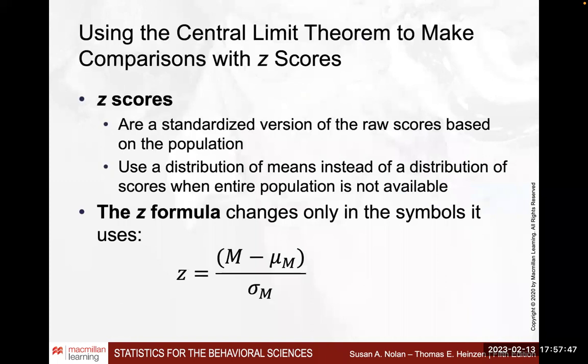And this will be the formula that we're dealing with. Essentially, we want to compare our sample mean to a population mean. We're using the standard error of the mean, where sigma m is the symbol for the standard error of the mean, to compare the actual difference between the sample mean and the population mean.